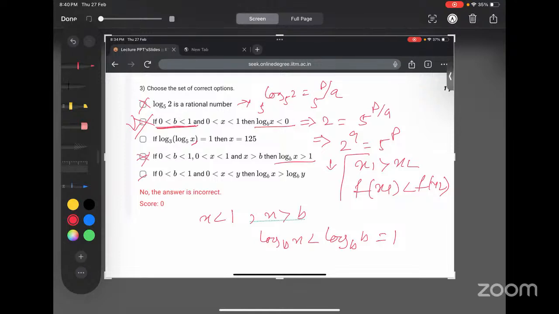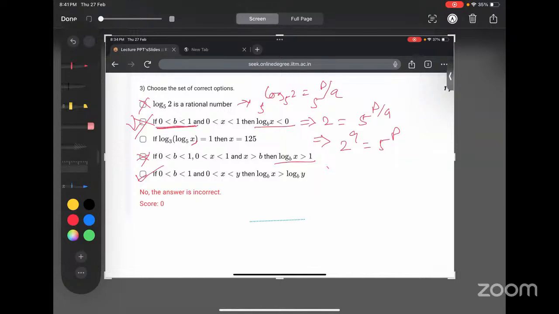And x is less than y means log b x should be greater than log b y. Here we are just applying the definition of a decreasing function, right? Hence this option is correct. Any doubt? No, ma'am.